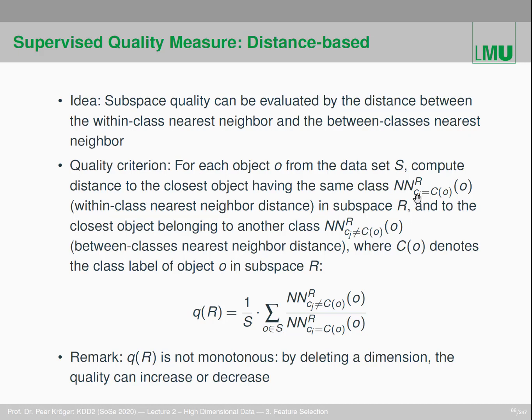The Ci is the same class, and the Cj is the different class. And then you just compute the difference by computing the fraction and normalize it by the number of training samples.